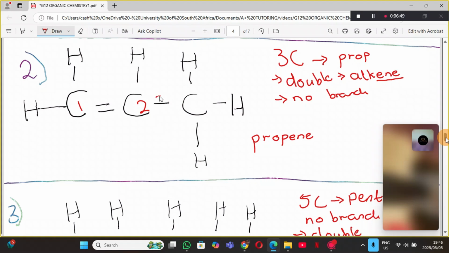If I move it to this side, remember that you have to name your compound from the side that gives the lowest number, so you'd name it from this side, meaning it's also 1, 2. Okay.